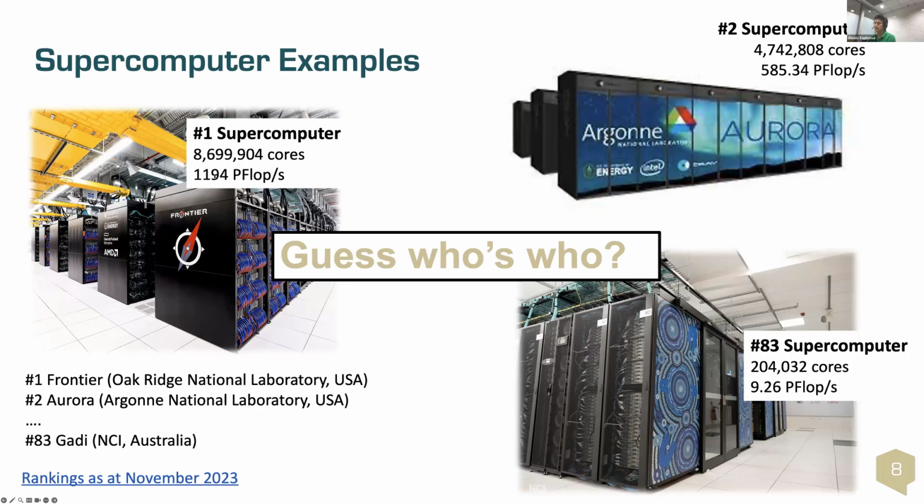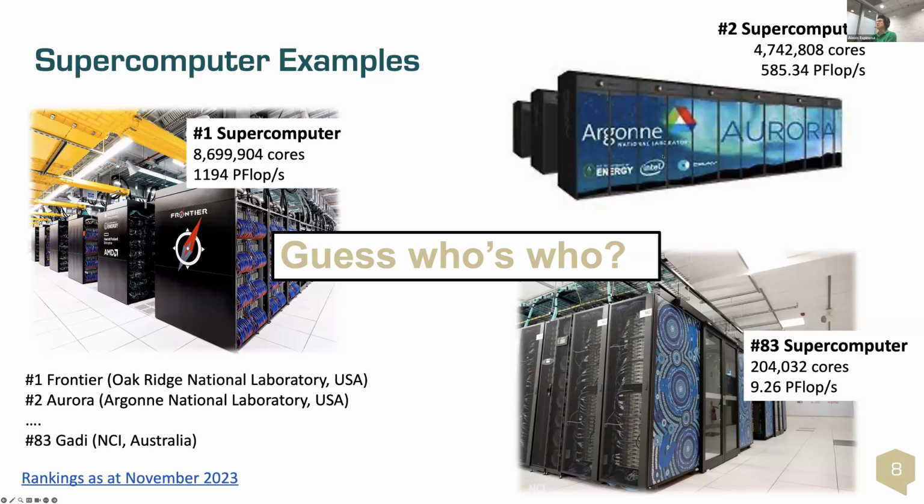It has a capacity of around 1,200 petaflops. It was the first computer to break the wall of the exaflops. So it is 1.1 or 1.2 exaflops of capacity. And that's the only one listed.